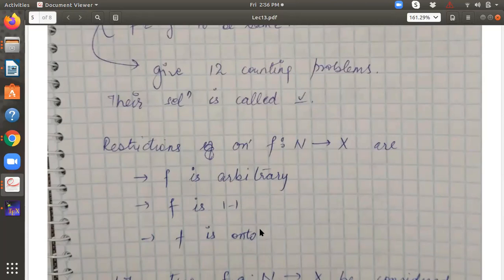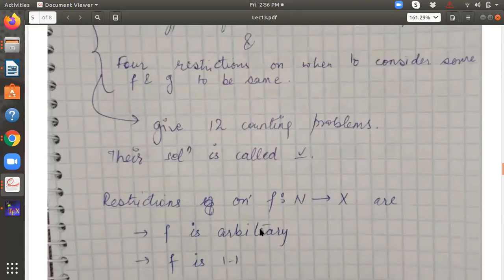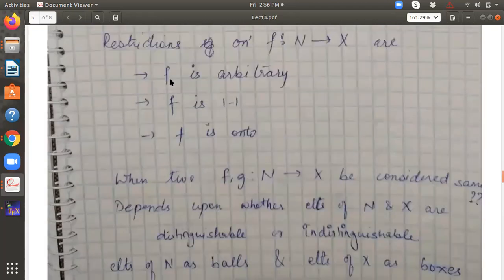function itself. And now we'll see the four types of restrictions on the set when f and g should be considered same. So for this f and g to be same, let's do some work.